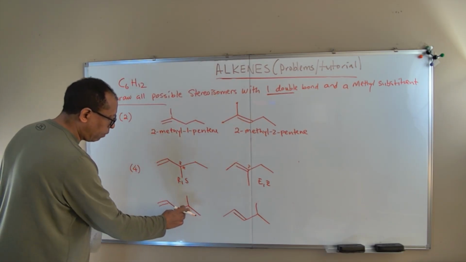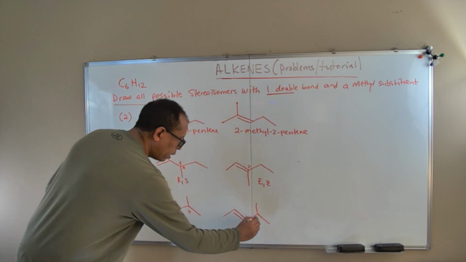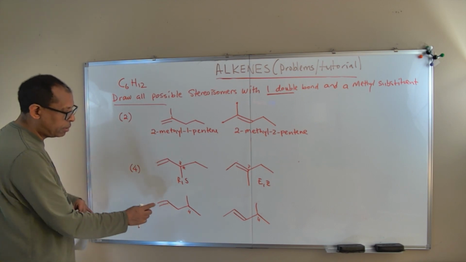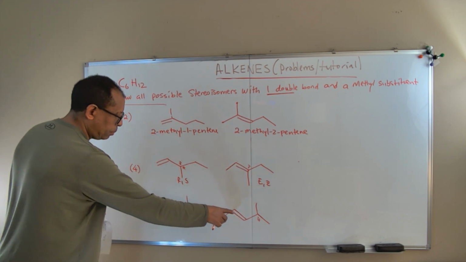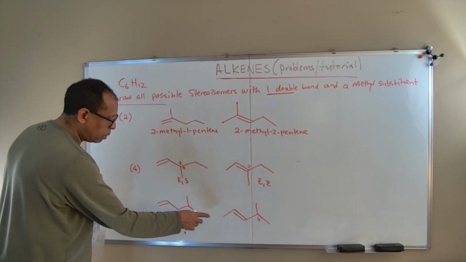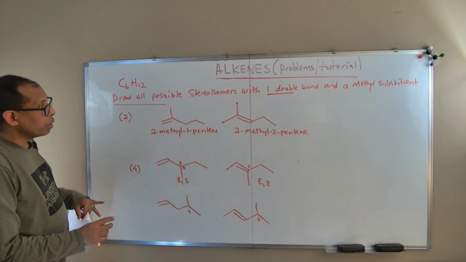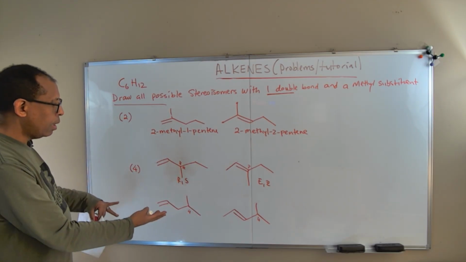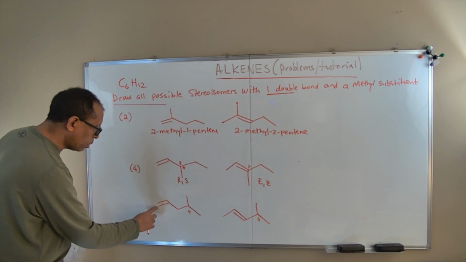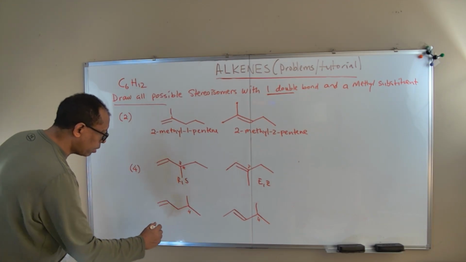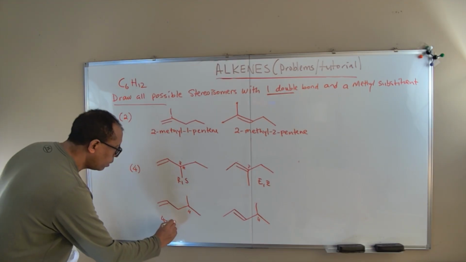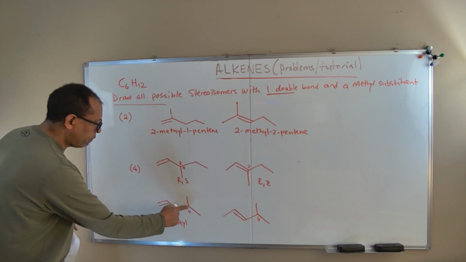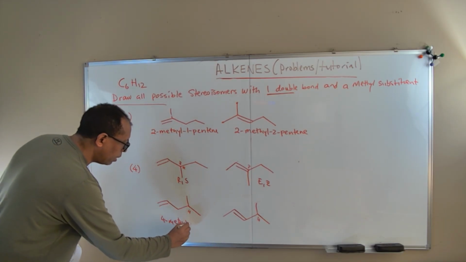1, 2, 3, 4 position, 4 methyl, and I left the alkene here, but I moved the double bond to 2 position, which I don't have any other which looks like that. For example, let's name this as it is. So this would be 1, 2, 3, 4. This is 4 methyl, 1 pentene.